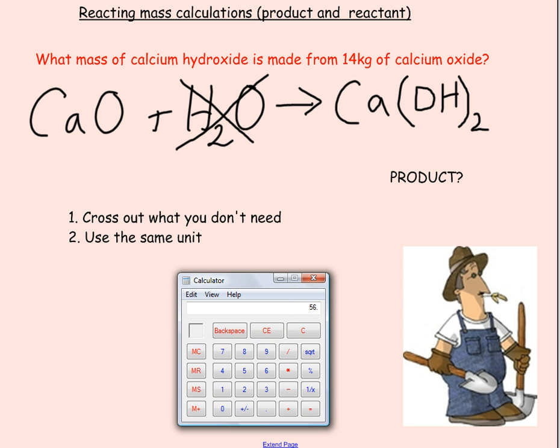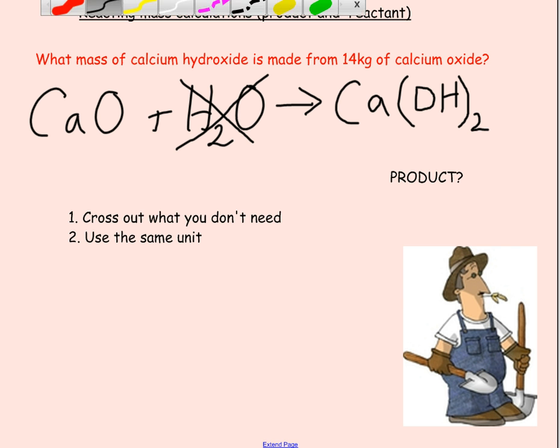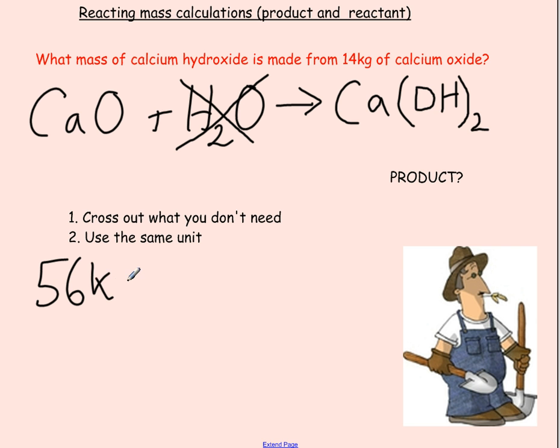So I write 56. Now the point here is about using the same unit. It says kilograms, shove it in kilograms, don't be changing anything. Right, 56 kilograms. Put your arrow in the same as it is up there. So that's 56 and that's that.